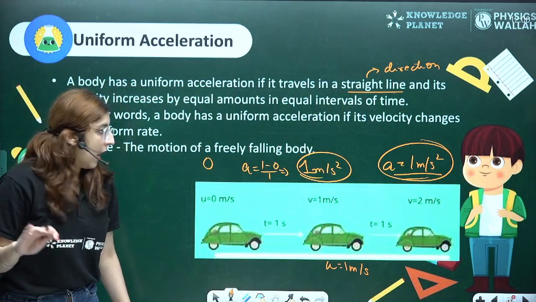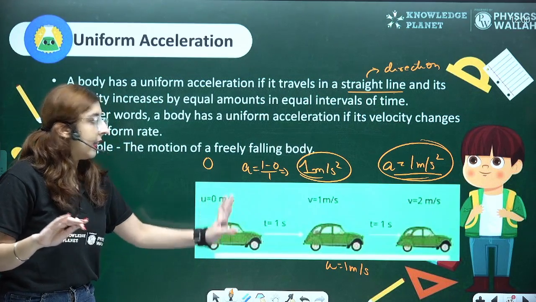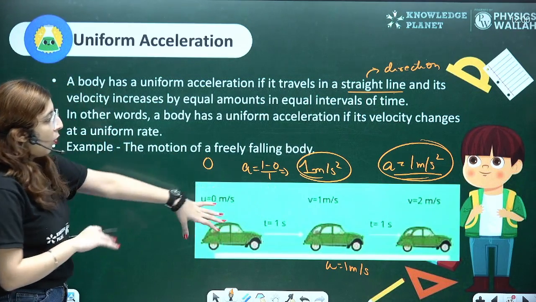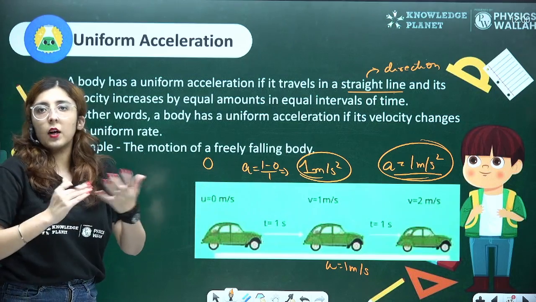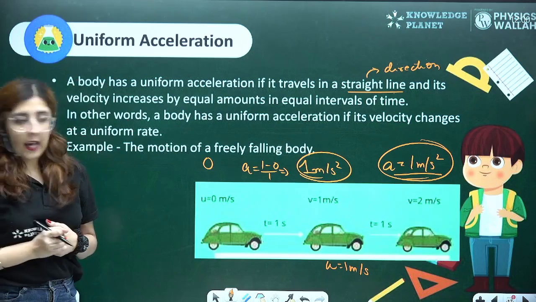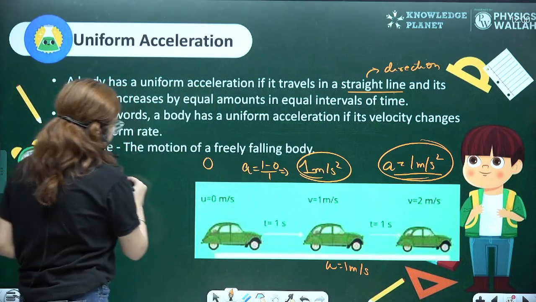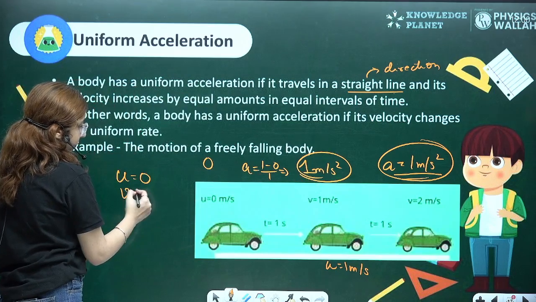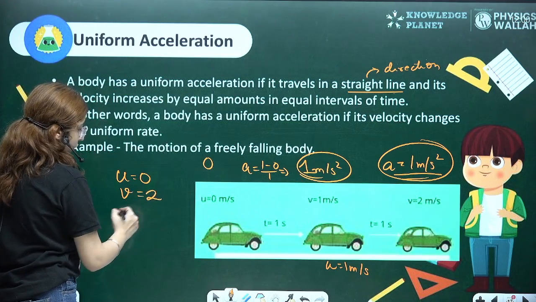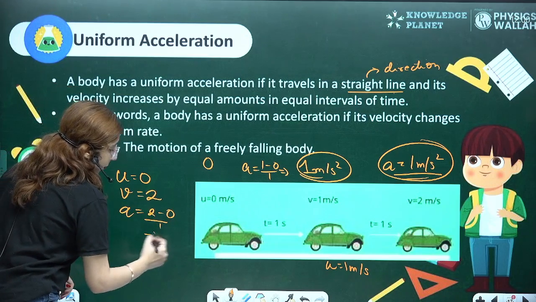Now certainly, if I tell you kids that there is an increase happening, you can say that, ma'am, in this particular case there is no sudden increase taking place. But if you consider it with the initial one, initial 0, final 2, acceleration will be 2 minus 0 by 1, 2 meter per second square.